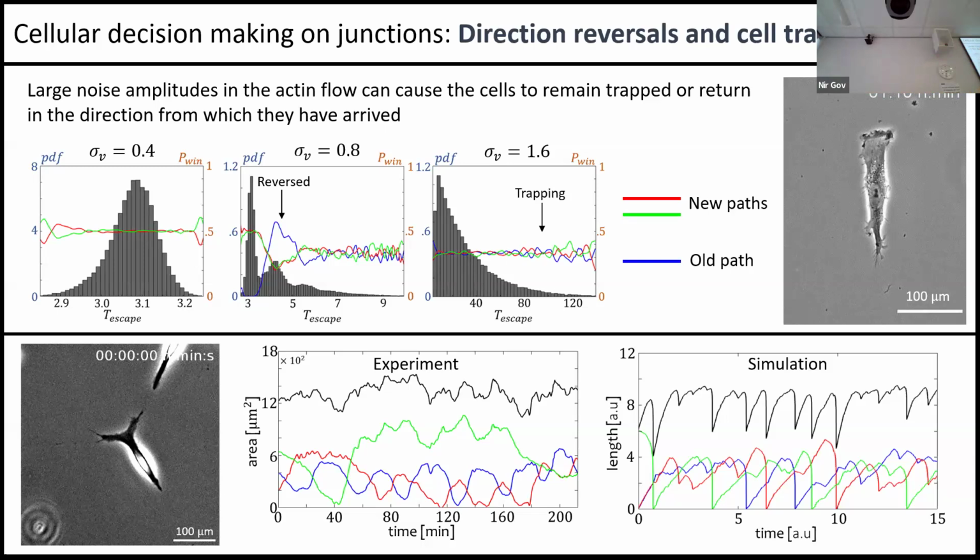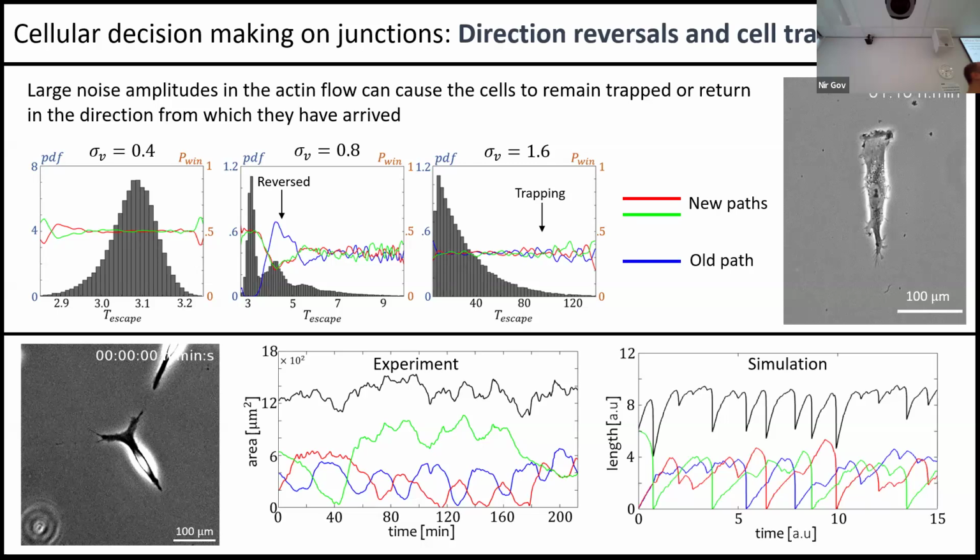As you increase the noise from 0.4 to 0.8, there is still the peak at values which correspond to this kind of process, which is the process of just going straight and either to the right or the left. So you see the probability is the same 50-50 of the green and the red. But then there's another peak of slower processes where there's now a very high probability of actually going back along the old path.